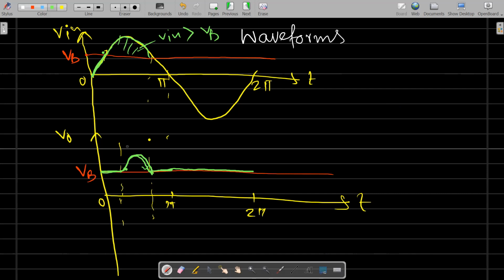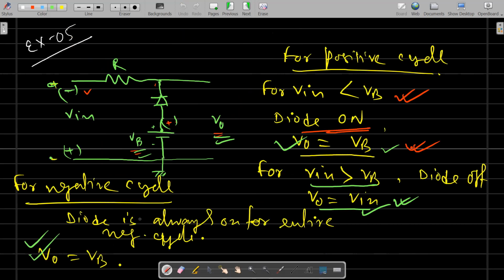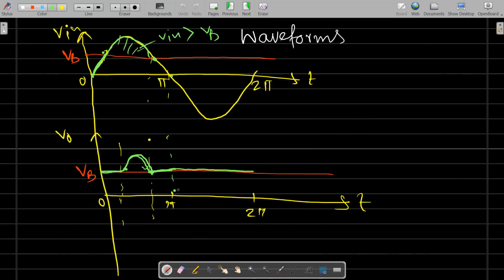It's just a rough sketch, so it will be the same as this. And again, for that part, when Vin is less than VB, it will be constant. And for the entire negative cycle, V0 will be VB. So this is the output, and this is the input.